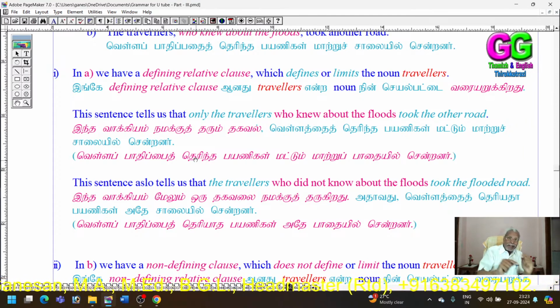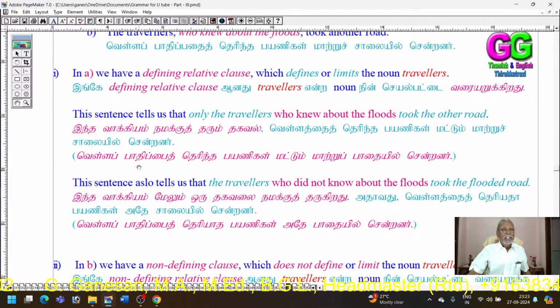Also, it has another meaning: the travelers who did not know about the floods took the same flooded route. With the non-defining clause, all the travelers knew about the floods and took another road.